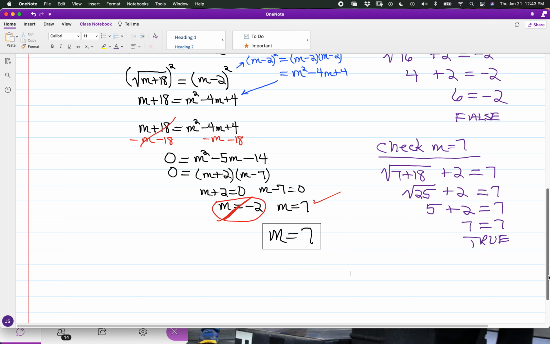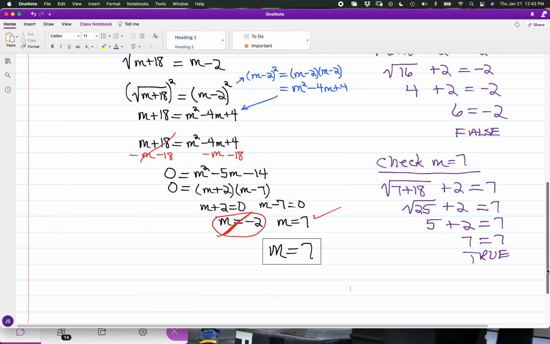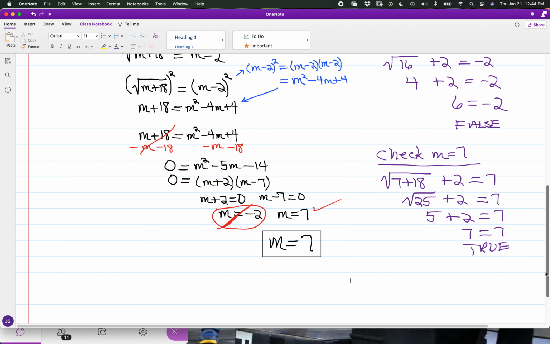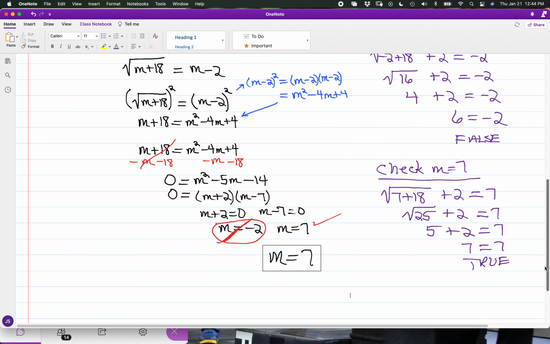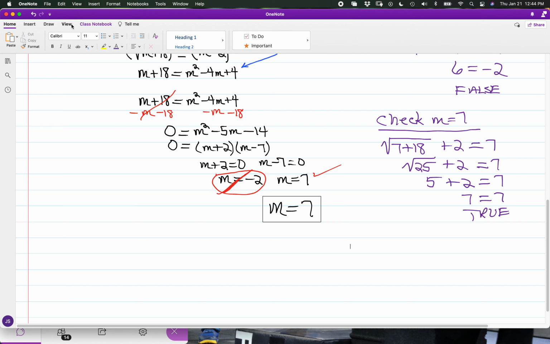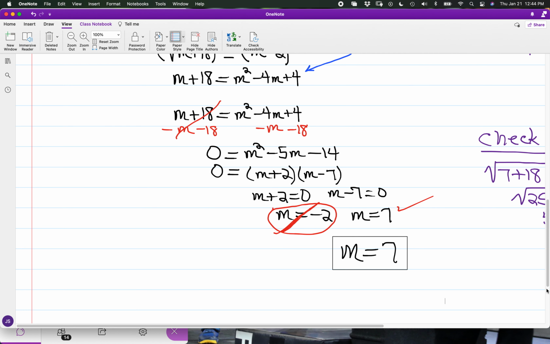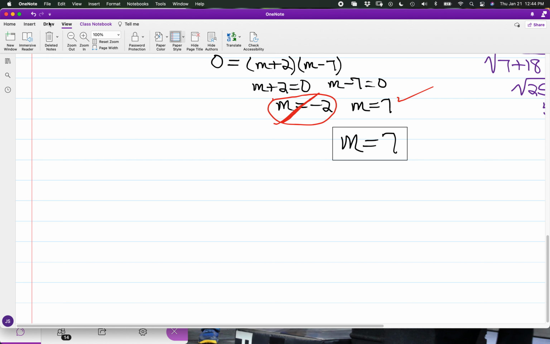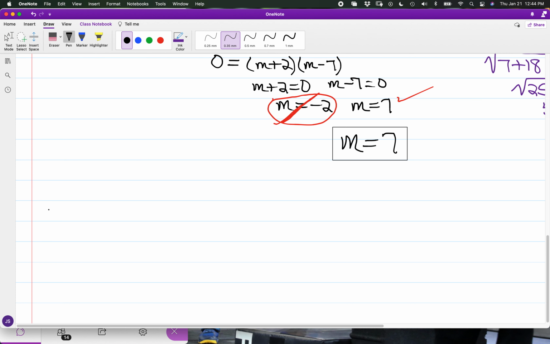All right, now in the case of number 106, for this equation, we're going from solving for m to solving for the letter n. In this setup, you have the square root of 2n plus 29, plus 3, is equal to n.